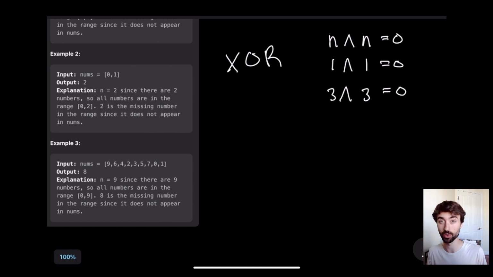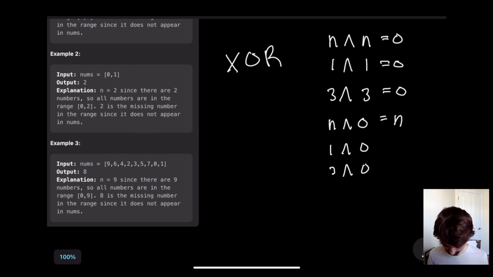And this is good for canceling out values, and that'll be useful in just a second. Another important fact about XOR is that any number XORed with 0 equals that number. So 1 with 0 or 3 with 0 equals 1 and 3.